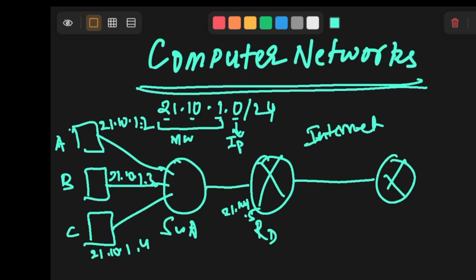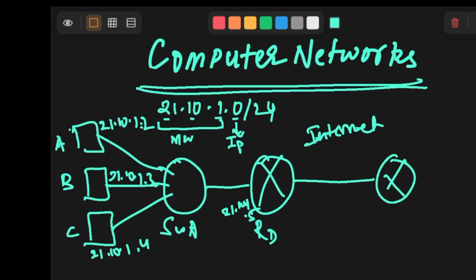I have 256 IP addresses, which is a public IP address, and I have only 4 to 5 hosts. Do I need 256 IP addresses in this case? No, I don't. Having such a large pool of IP addresses and not using them is not an efficient use of IP addresses, as we all know that IP addresses get exhausted very quickly if we're going to waste them like this.